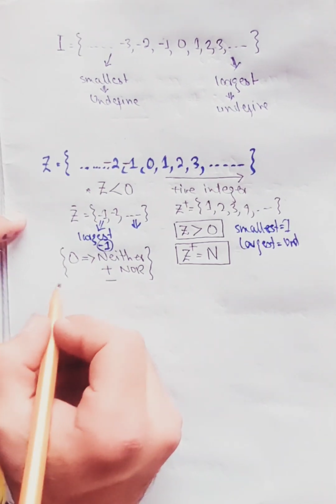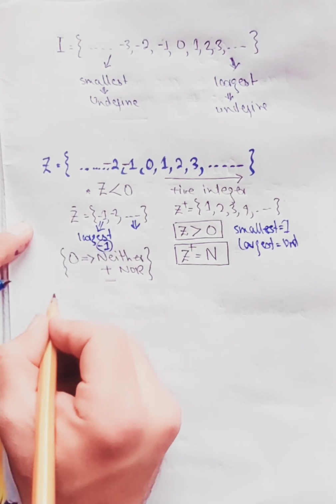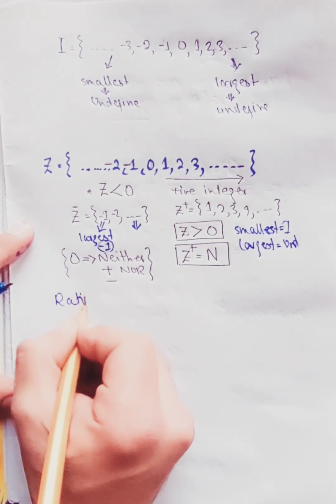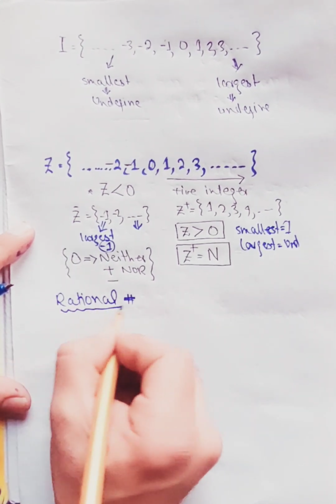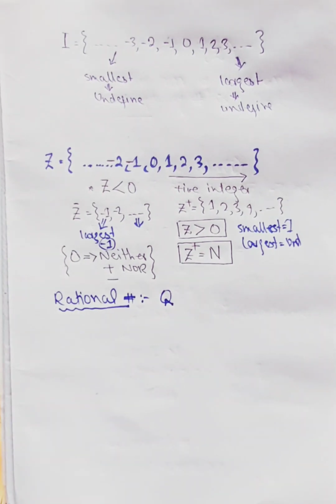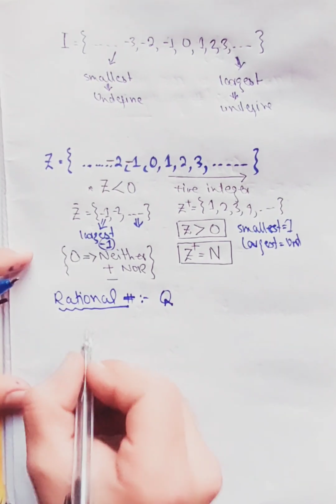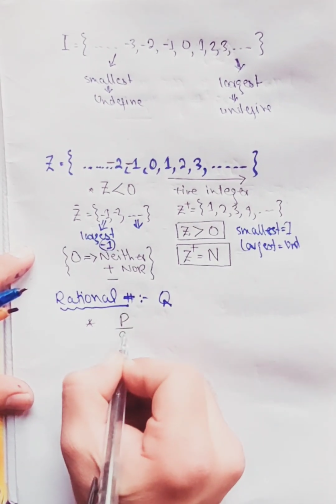Then we have rational numbers. Let's briefly explain it. A rational number is denoted by Q. What is a rational number? Any number which can be written in the form of p by q.